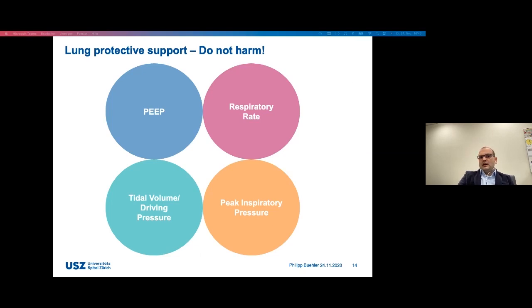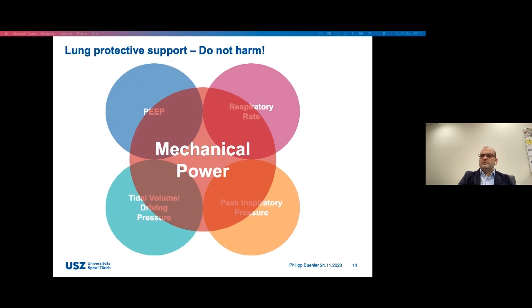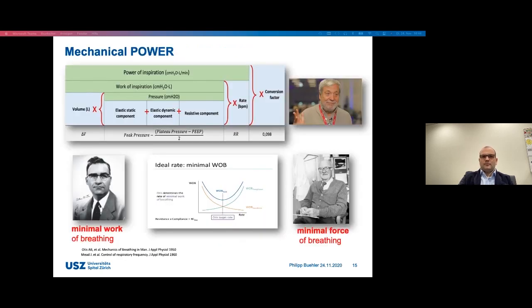All these individual target values can be well summarized in the concept of mechanical power. There we get a target below 17 joules per minute, based on the publication from Gattinoni with mechanical power, as you see in this formula.